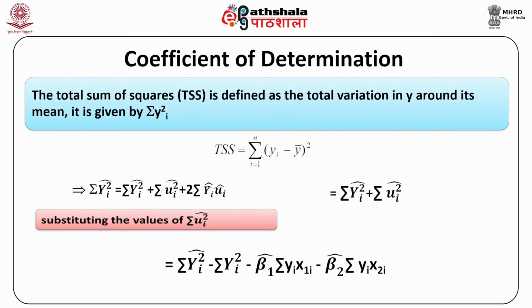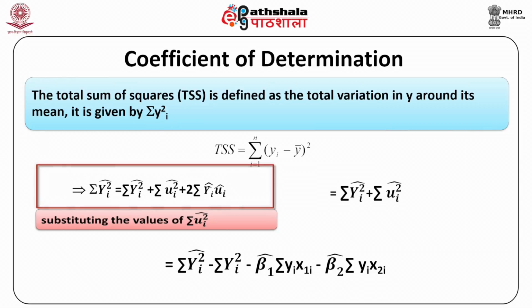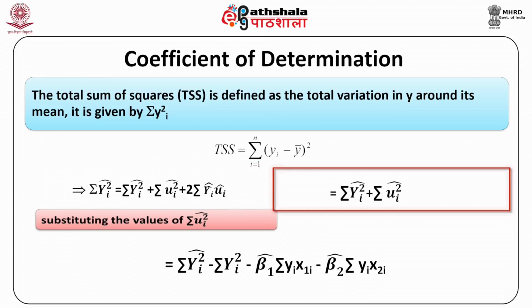The total sum of squares or TSS is defined as the total variation in y around its mean. It is given by sigma y squared i. TSS is equal to sigma i moving from 1 to n, in bracket yi minus y bar, the whole squared, which implies sigma yi squared is equal to sigma y hat squared i plus sigma u hat squared i plus 2 sigma y hat i u hat i, which is equal to sigma y hat squared i plus sigma u hat squared i.